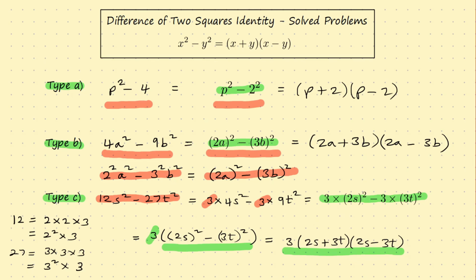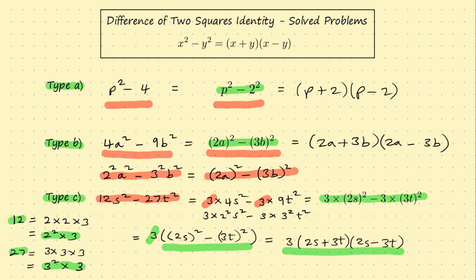With such problems, it's often useful to look at the prime factorizations of the numbers involved. So 12 has prime factors 2 squared times 3, 27 has prime factors 3 squared times 3. So both numbers factorize into a perfect square times 3. We have a common factor of 3, which if we take out, leaves behind 2 squared in the case of 12 and 3 squared in the case of 27.